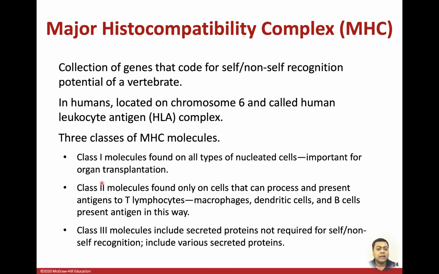So you can see that the class 2 molecules are found on very specific immune cells which present the antigen to the immune system. They are not found anywhere else. And then there's a class 3 molecule, which includes various secreted proteins not required for self, non-self, but that is beyond our scope. So we are only interested in MHC class 1 and class 2.